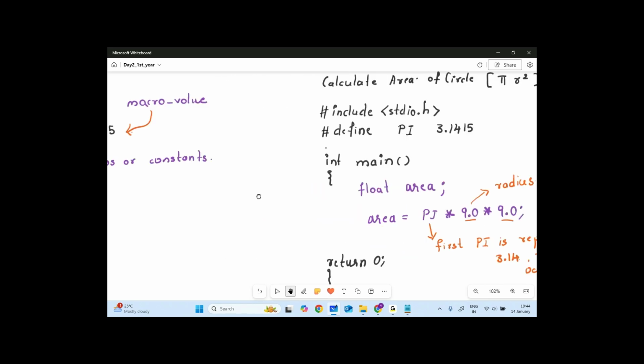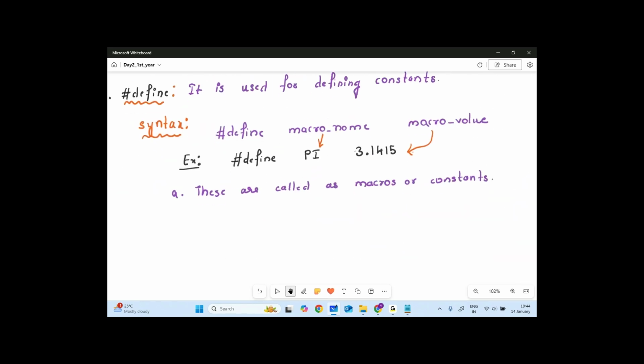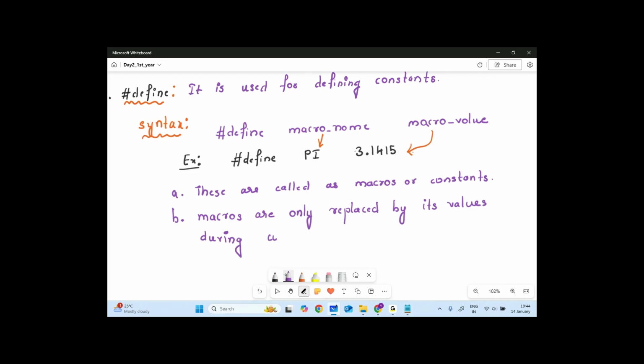So the second point is macros are only replaced by their values during compile time.